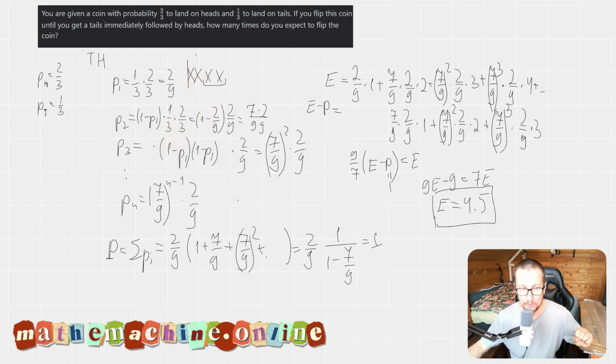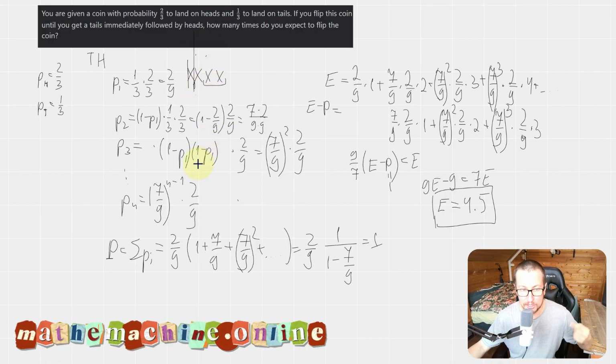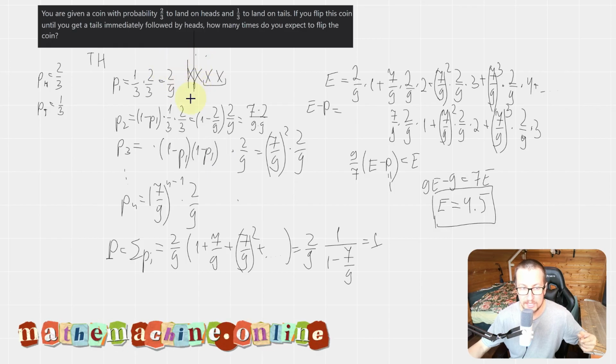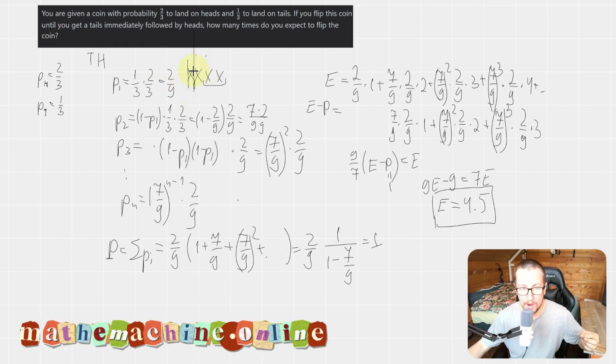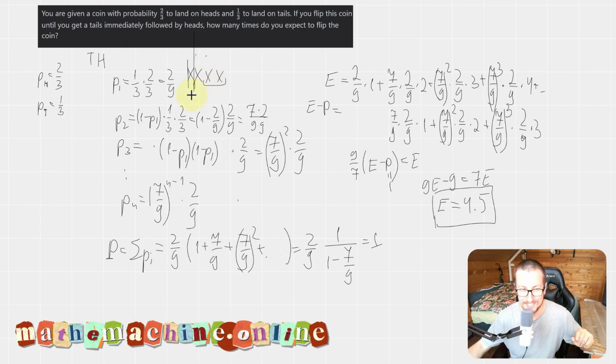Then you move to the second position, and from this it starts to look the same again. You have 1 chance to fail and then 2 to succeed.